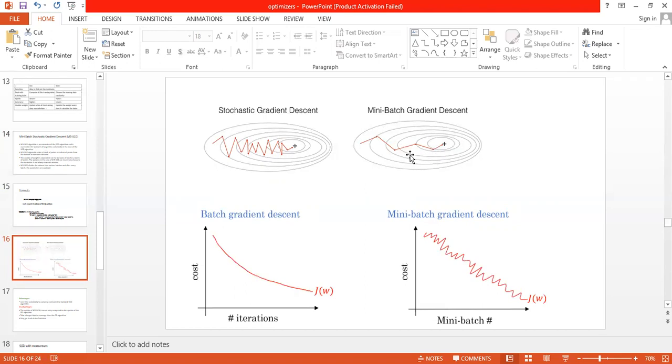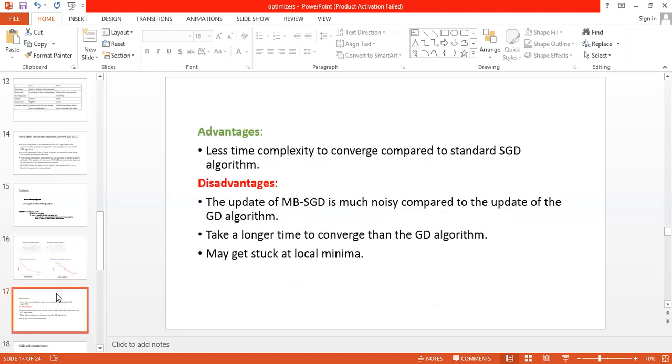Therefore the derivative calculations are much more noisy, and it takes time to converge to the local minima. We can see here that it also takes more iterations compared to stochastic gradient descent or the previous gradient descent formula. So these are the advantages and disadvantages.